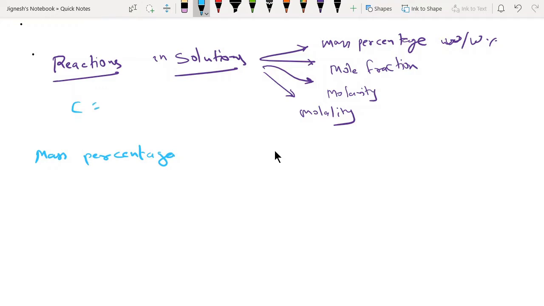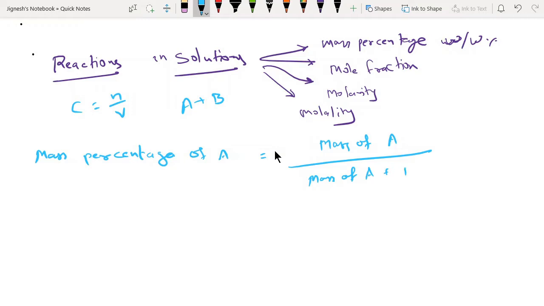Now what is concentration? Concentration is equal to number of moles in a certain volume. So mass percentage of any component, let's say we have 2 components in the solution, A and B. So mass percentage of A can be written as mass of A divided by mass of A plus mass of B into 100.